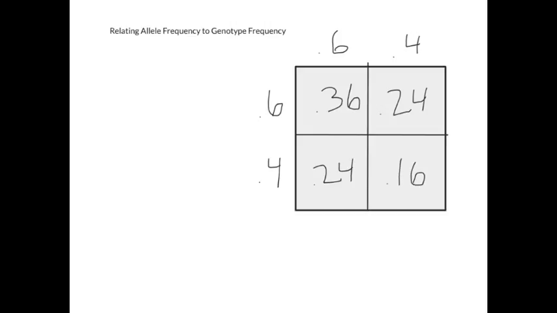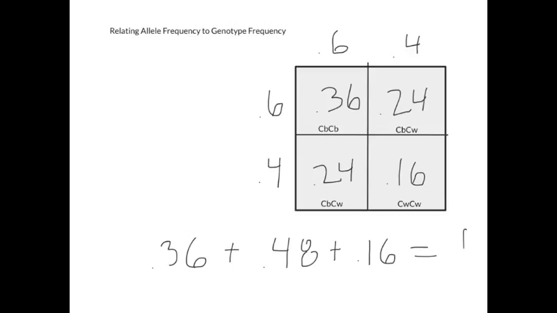Then we can calculate PQ, which is 0.4 times 0.6 or 0.24, as well as Q squared, which is 0.4 times 0.4, which equals 0.16. And then we can add all of these probabilities together, 0.36 plus 0.48, remember 0.24 times 2, 2PQ, plus 0.16 equals 1. This is a great way to check your answers and make sure you've calculated your allele frequency correctly.